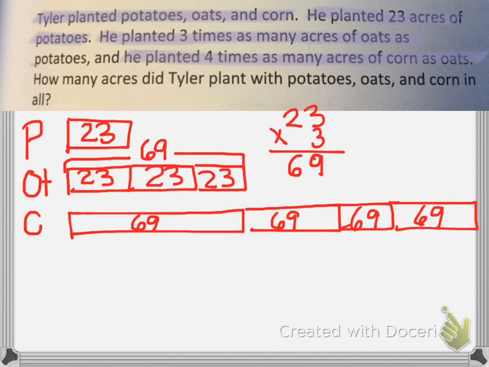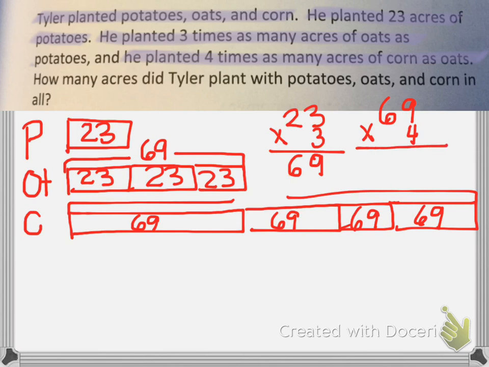And the question asked me for how many did he plant all together. So I need to know the corn before I can do an all together. So I see 69 4 times. Go ahead and solve that.